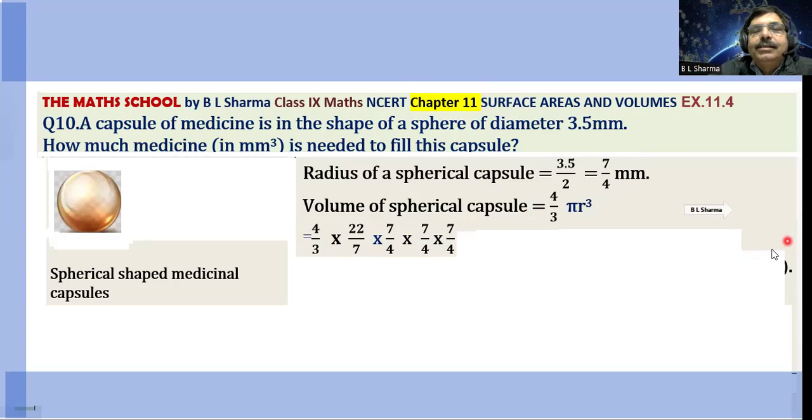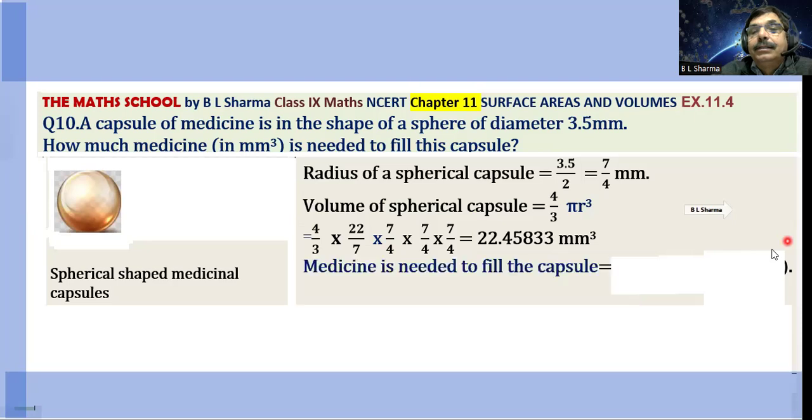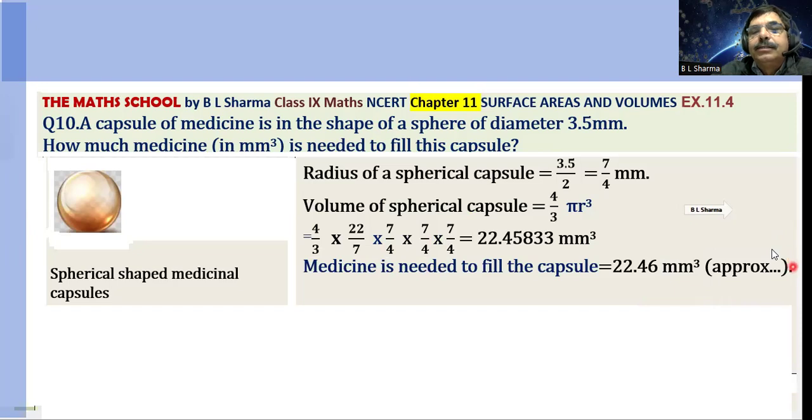On calculating, we get 22.45833 millimeter cube. So this much medicine is needed to fill the capsule, that is 22.46 millimeter cube approximately. And this is the answer of this question.